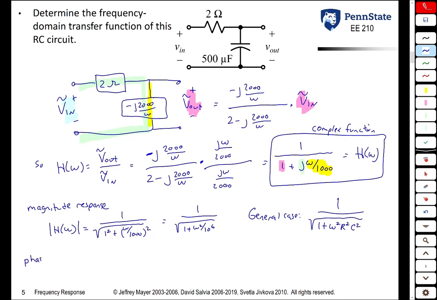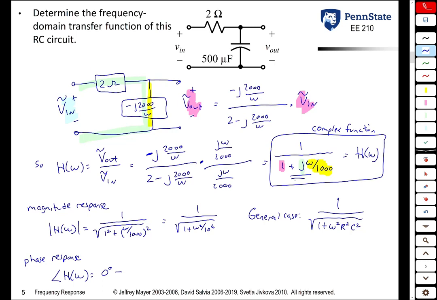Likewise, we have what we call the phase response. The angle of H of omega is equal to the angle of the numerator. The angle of a real number is just 0 degrees, minus the angle of the denominator. The angle of 1 plus j omega over 1000 is inverse tangent of the imaginary over the real.